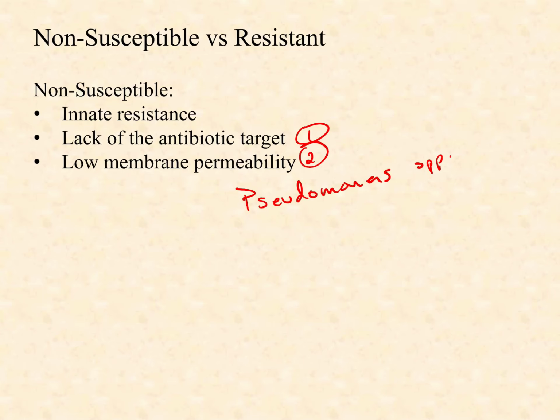So if they find themselves in a relatively toxic environment, they can, in a sense, shut down diffusion across the membrane until the environment is safe again. So in both cases, we wouldn't consider those necessarily to be resistance mechanisms. They're really just sort of a lack of susceptibility in the first place.